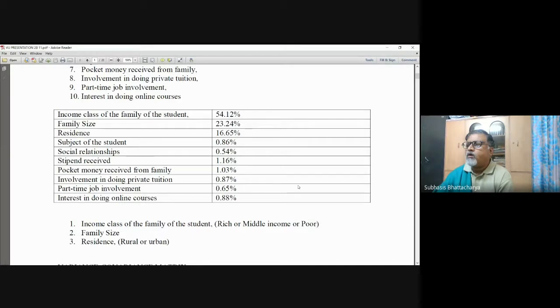So from this example, it is clear to us that income class of the family of the student, family size, and the residence are the 3 main variables to explain the sampled mobile data recharge behavior of the college or university student.